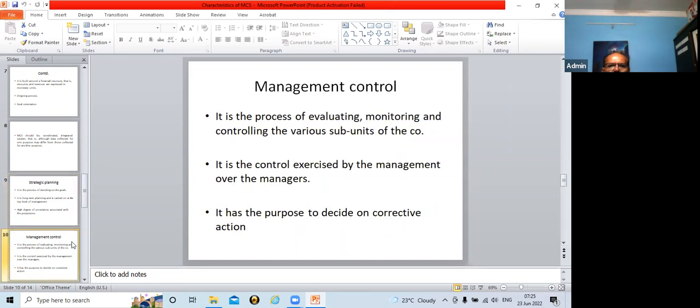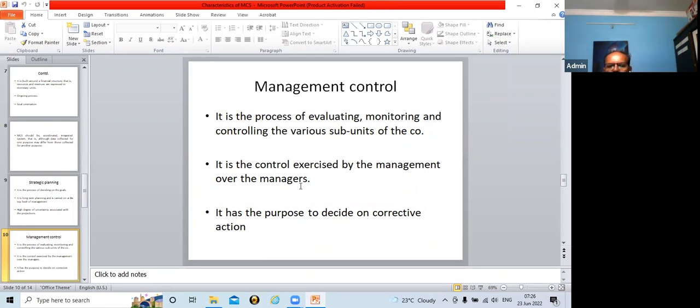Then management control. It is the process of evaluating, monitoring, and controlling the various subunits of the company. It is the control exercised by management over the managers.